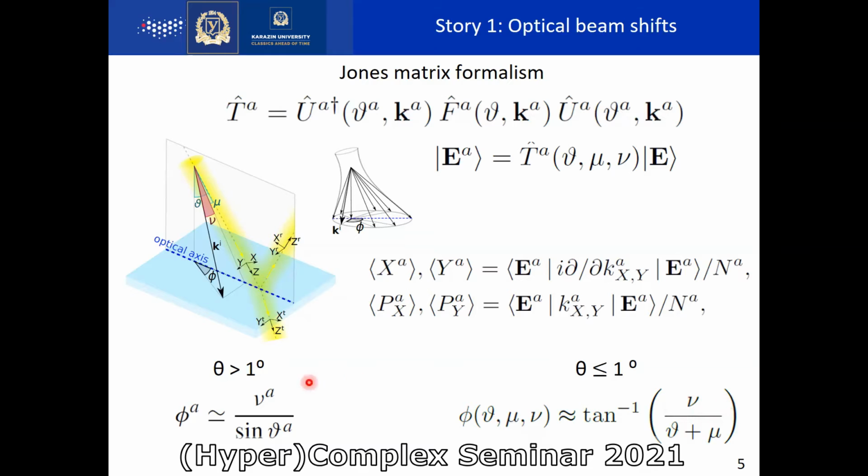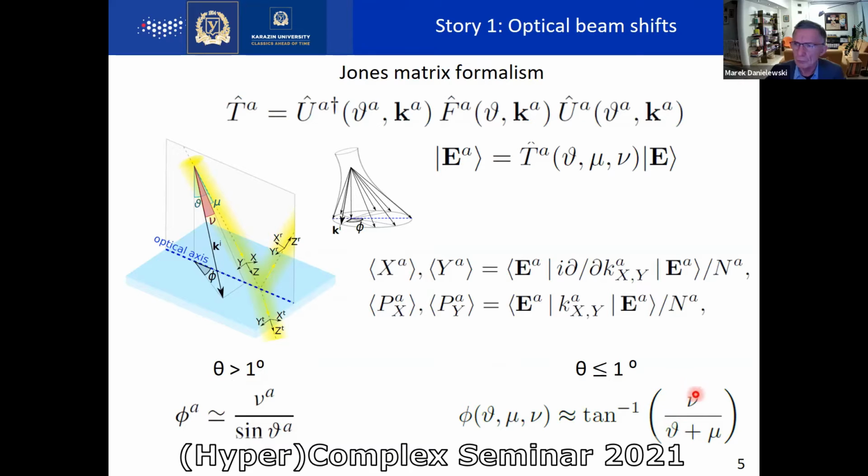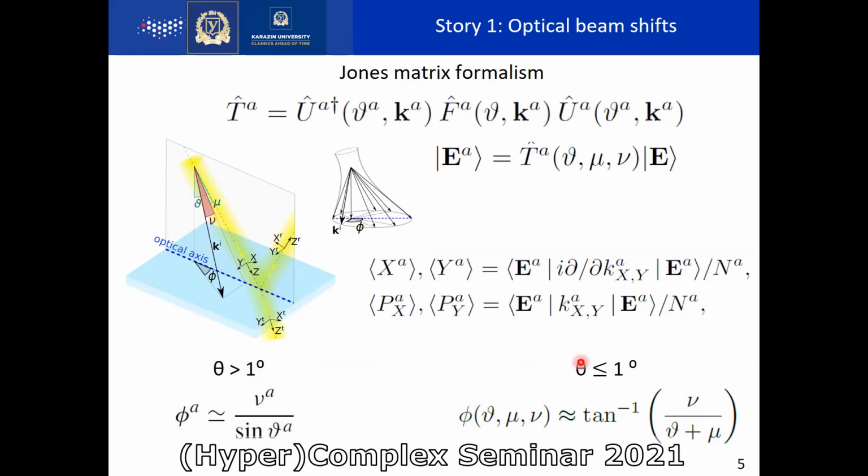And usually, for instance, they are much smaller than the angle of incidence. So if we put theta much bigger than mu, we will come to this formula. But of course, for some cases, exactly when the angular divergence of the beam becomes comparable with the angle of incidence, we should follow this formula.